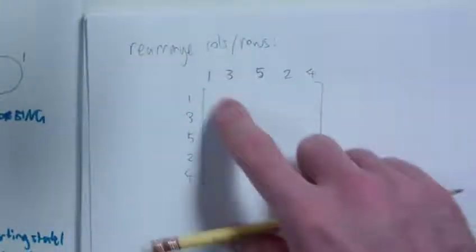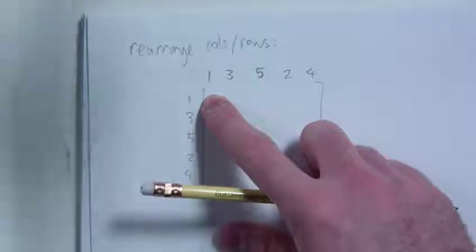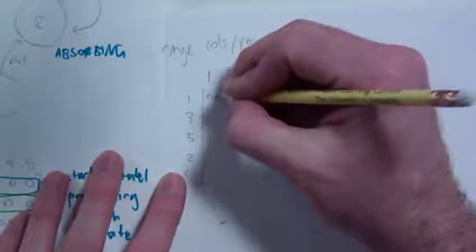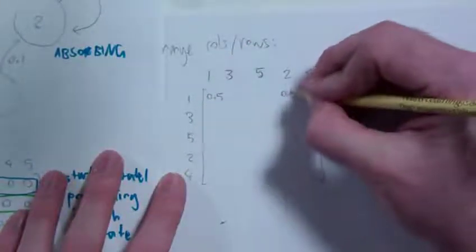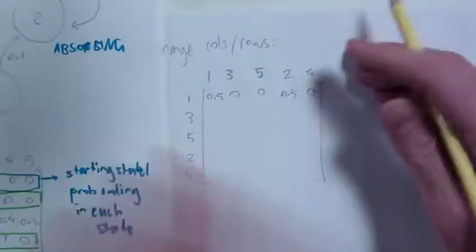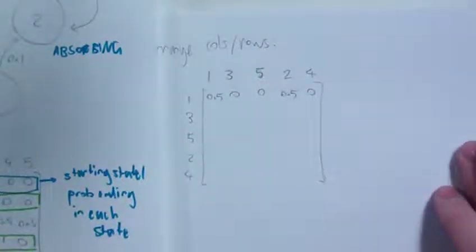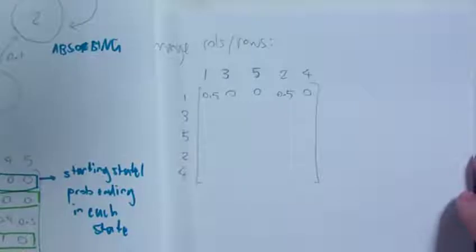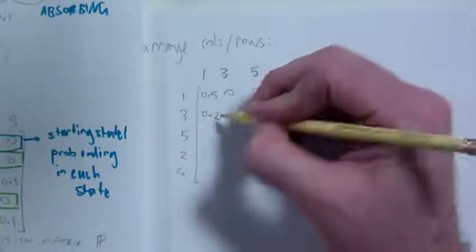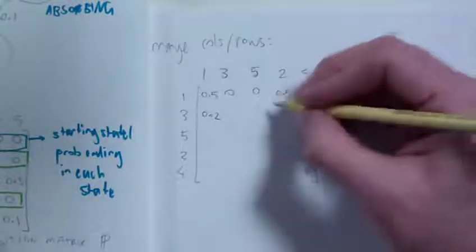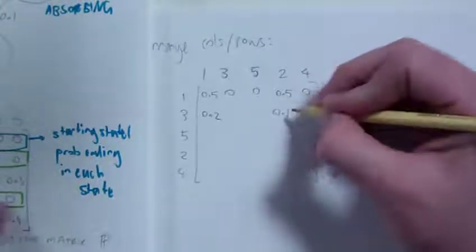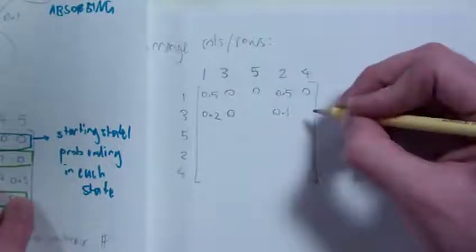So here I am in state 1, and from state 1 it goes 50% to state 1, and 50% to state 2, and 0 for the others. So basically just rearrange each row. State 3 is 0.2 for state 1, 0.1 for state 2, 0 for state 3.